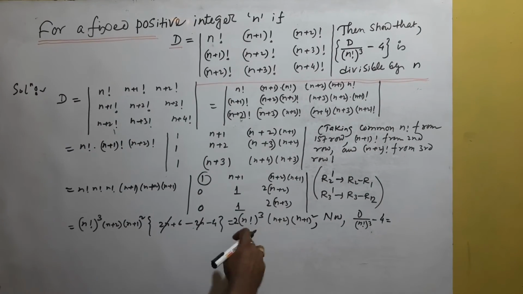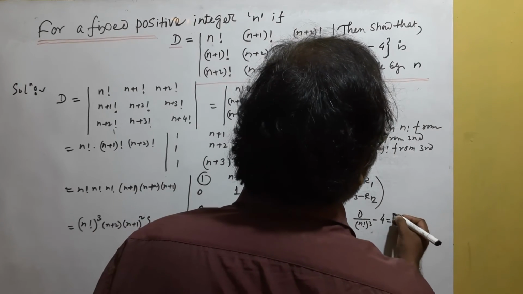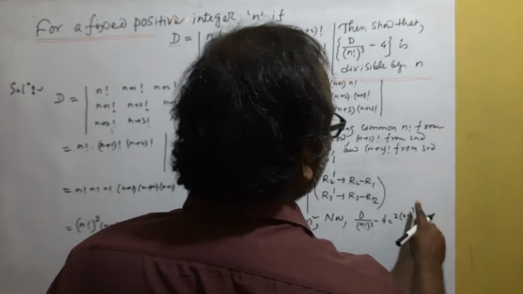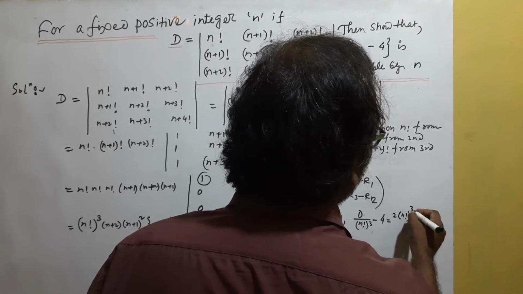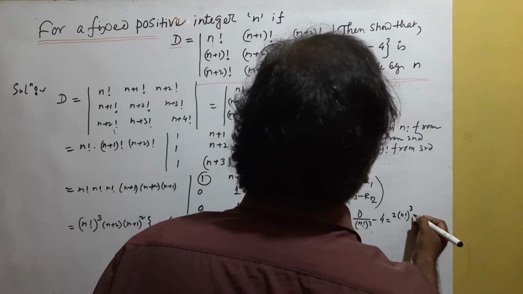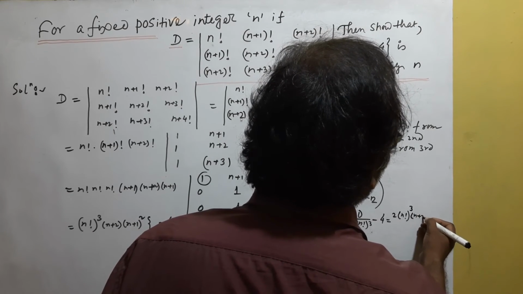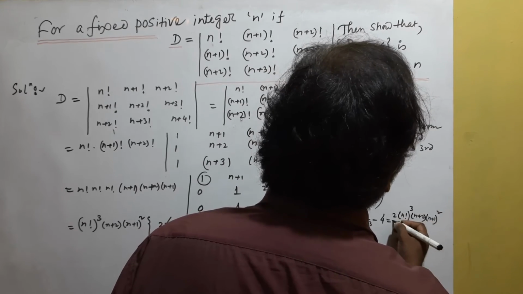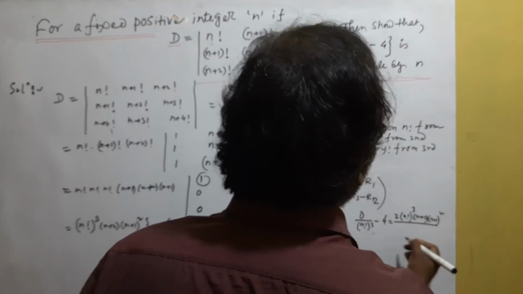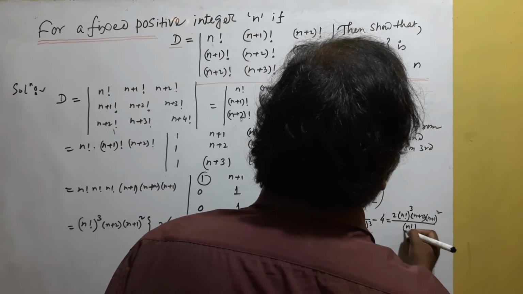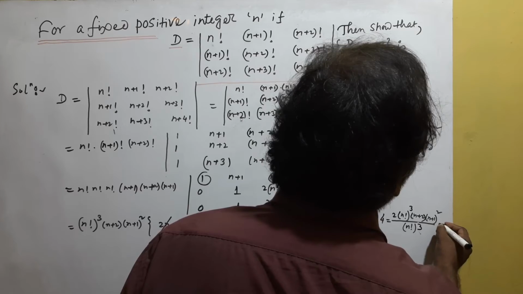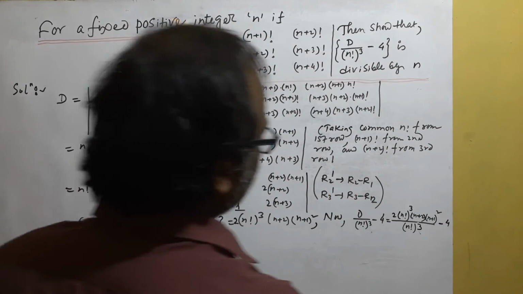D means this is the figure: this is 2 into factorial n whole cube, n plus 2, n plus 1 whole square, by factorial n whole cube, and this is minus 4.